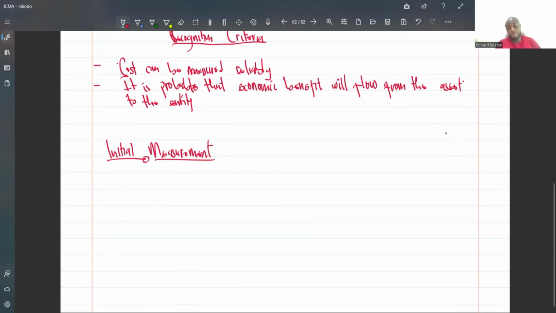Now, under PPE, the initial measurement takes into consideration three things, three issues, and one of the issues is the purchase price. So if I go to the market and purchase, let's say, a chair, the purchase price of it is what we are talking about.